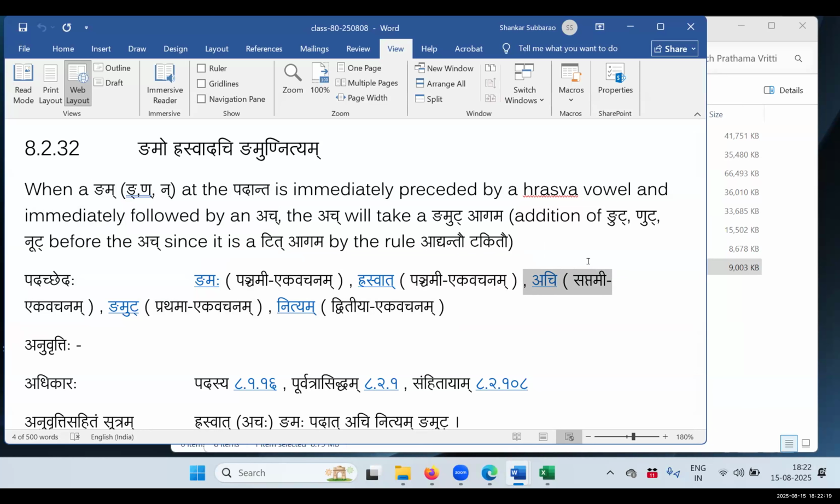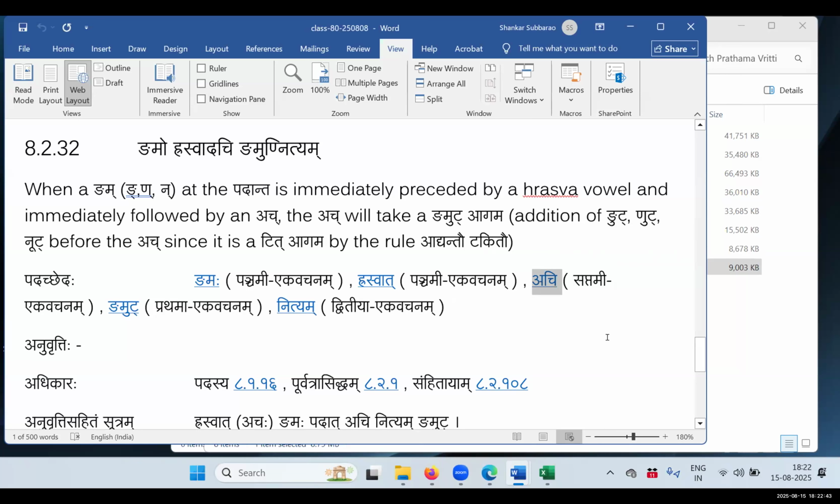When you have fifth and seventh case, what happens? The fifth case overrules. Therefore, the one which follows the fifth case becomes the sthani. Fifth case is ngamaha. Therefore, what follows is ach. Therefore, although achi is seventh case, here the following ach will become the sthani. And that ach will take an agama.